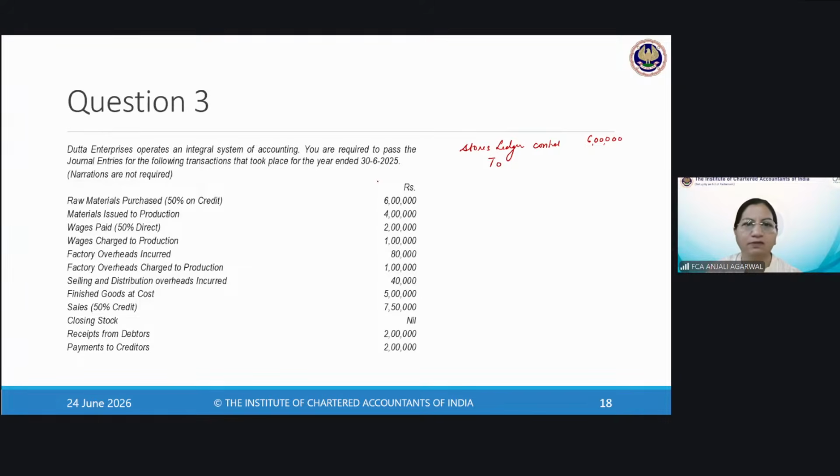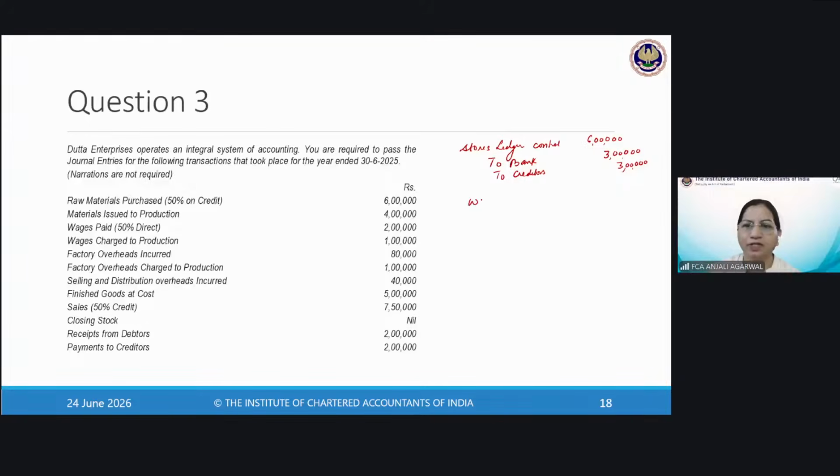And so we need to pass only the journal entries. I'm not preparing the accounts here. To bank and to creditors. Half half. 3 lakhs and 3 lakhs. This is your first entry for purchase of raw material, 50% on credit and 50% on cash.